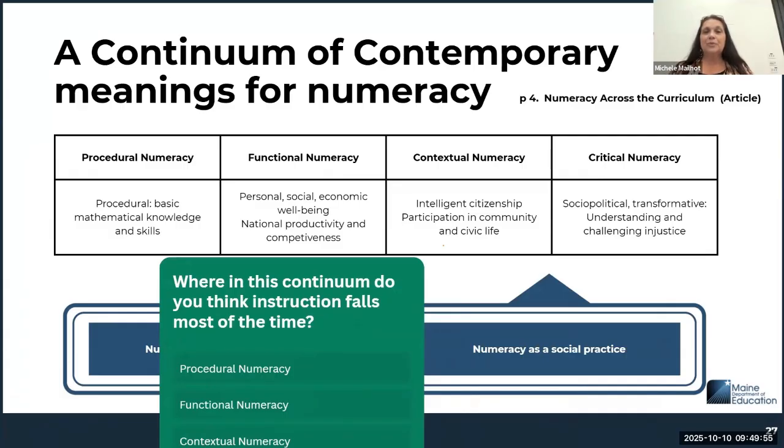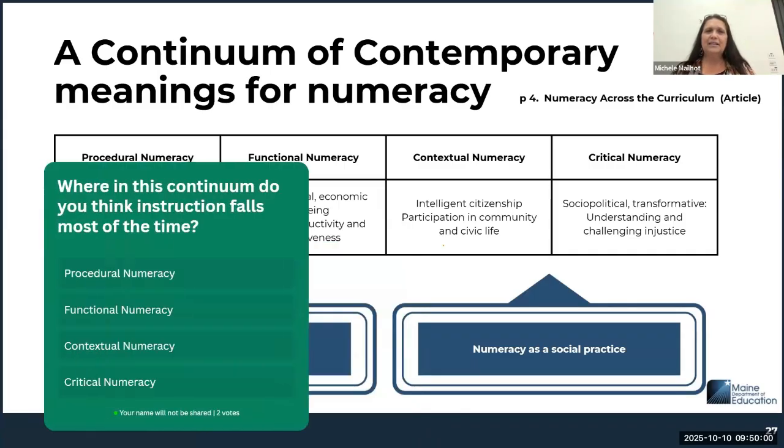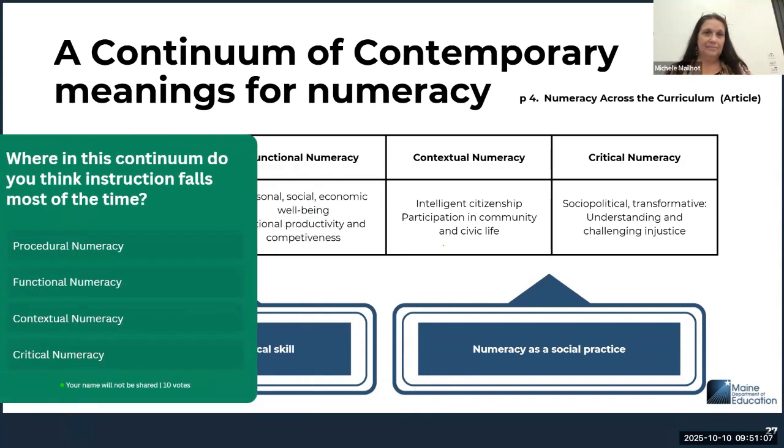So select one of those where you think instruction falls most of the time. So I'm seeing right now we have about 10 votes. We'll leave the poll open for just another minute or so. So please make your selections.